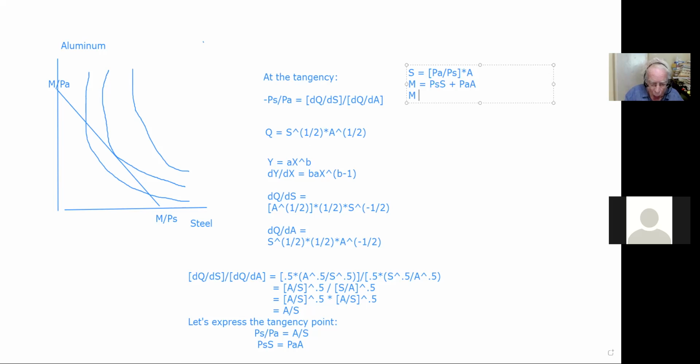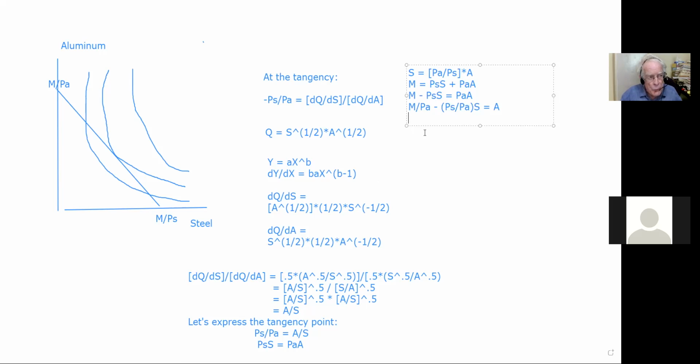So this solves for A. And dividing through both sides by the price of aluminum, there is an expression for A that depends on prices and on M as well.